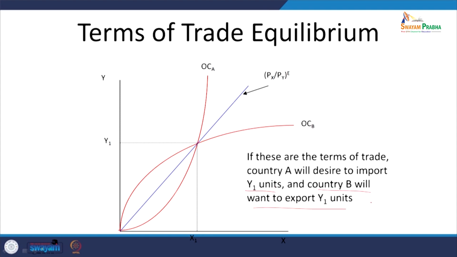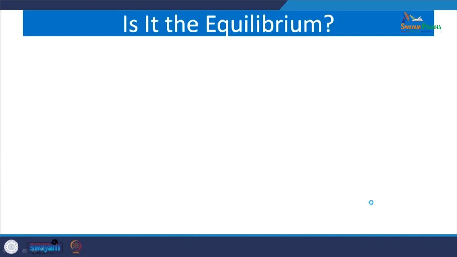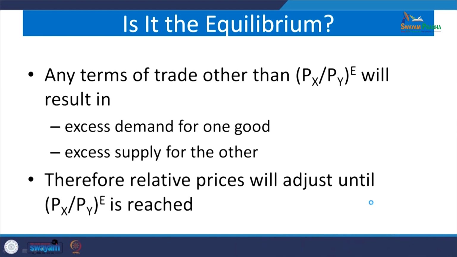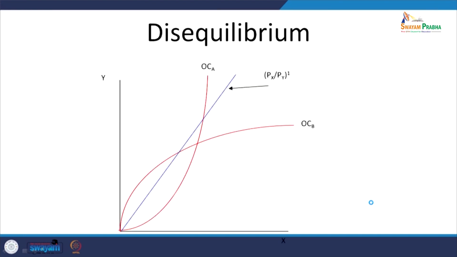So, there will be no mismatch and this stands as an equilibrium price. Now the question arises, is this the equilibrium price? Yes, because any terms of trade other than that will create excess demand for one good or excess supply for another. So, the relative price will adjust until the ratio is equal for both countries.